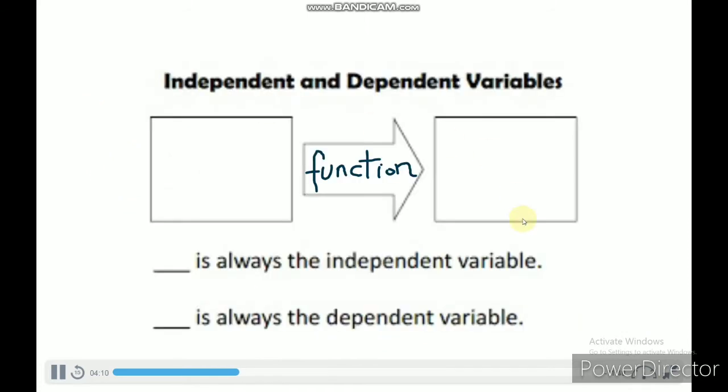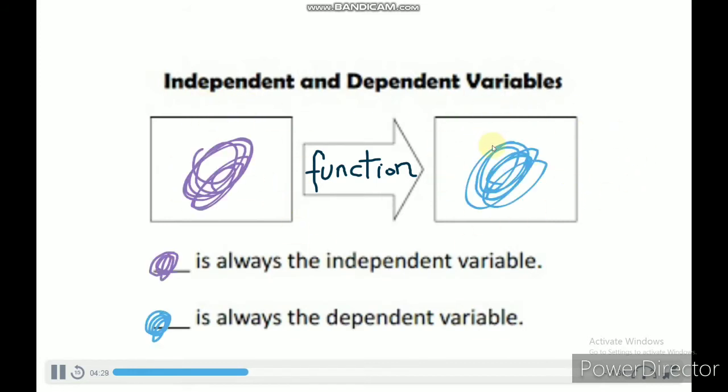Now this is another perspective on independent and dependent. If it is being processed by a function, the raw material or the input will be the independent variable, and the output will be the dependent variable. So with the colors here, the purple is always the independent variable, the blue is always the dependent variable.